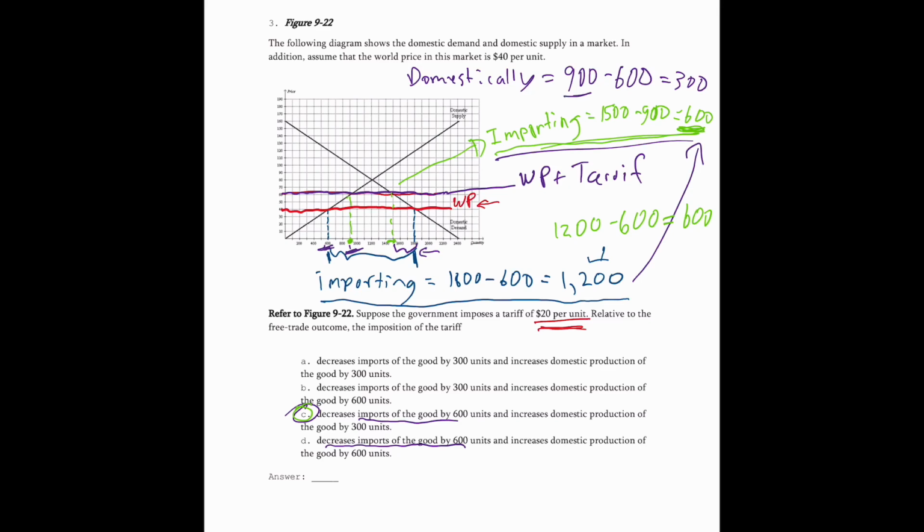So we take that 900, subtract the 600. That means we've added 300 units of production domestically. So our answer is going to be C, decreases imports of the good by 600 and increases domestic production of the good by 300.